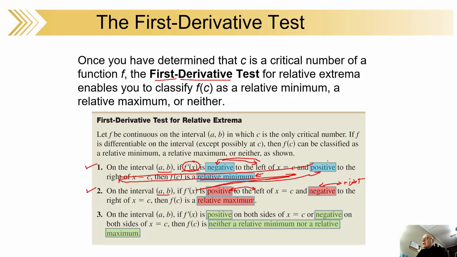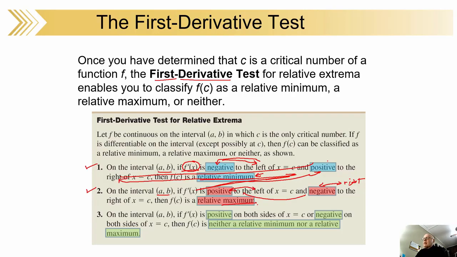We'll get to that. If it's got both of these attributes, positive on the left, negative to the right, that means you've got a relative maximum. And for the particular application, that's going to be interesting or critical to you.